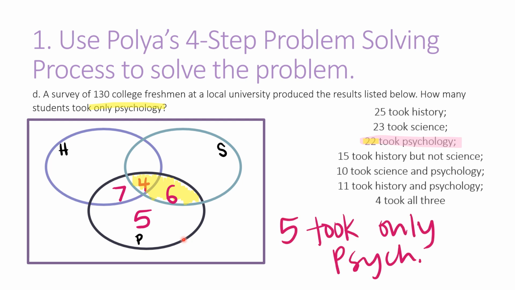Okay, so reflecting back. If you had done the whole problem at this point, you might reflect back and say, hey, I didn't actually need to fill in the whole Venn diagram. I only needed to fill in the psychology bubble. We recognized that beforehand, so we didn't have to fill in everything. Reflecting back, I do think that this is a great approach.